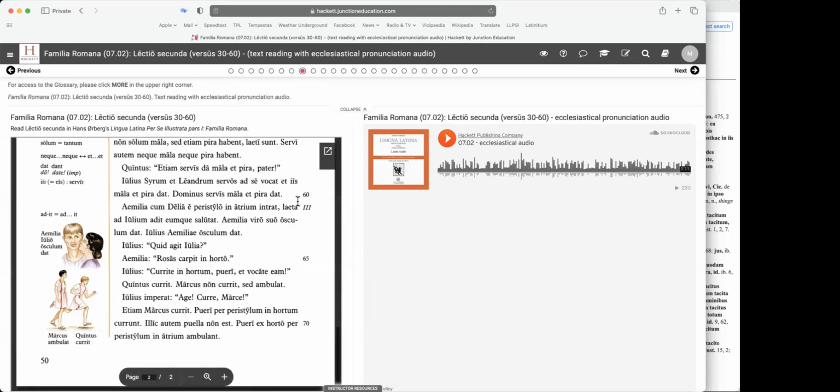So is Aemiliae in the dative there? The last sentence. Would you care to repronounce that fourth word? Osculum? Yes, you said oculum.